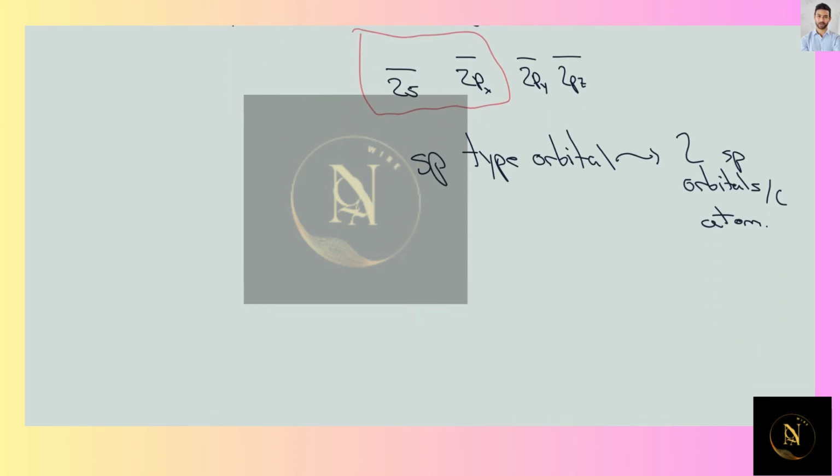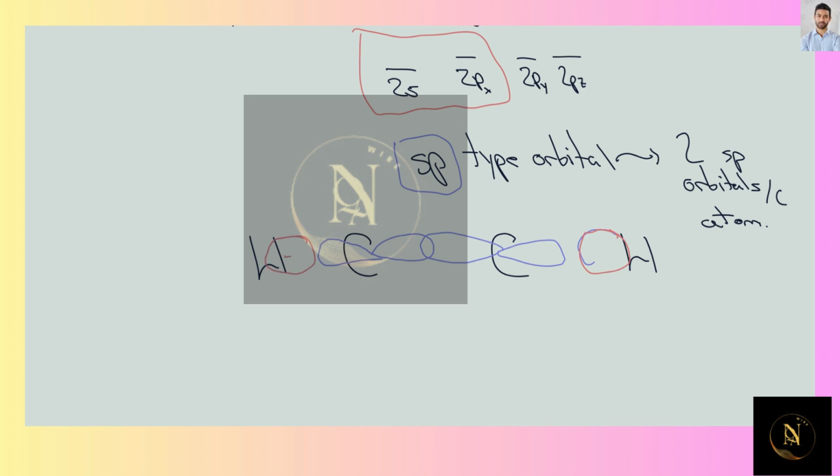In this case, for a linear arrangement, let's say that we have our carbon and hydrogens as such. The sp orbitals, I'm going to write them down in purple, are going to be responsible for the sigma bonds in between carbon and hydrogens for this overlap, and the 2py and 2pz orbitals, which I'm going to write down in green, are going to be responsible for the two additional pi bonds.